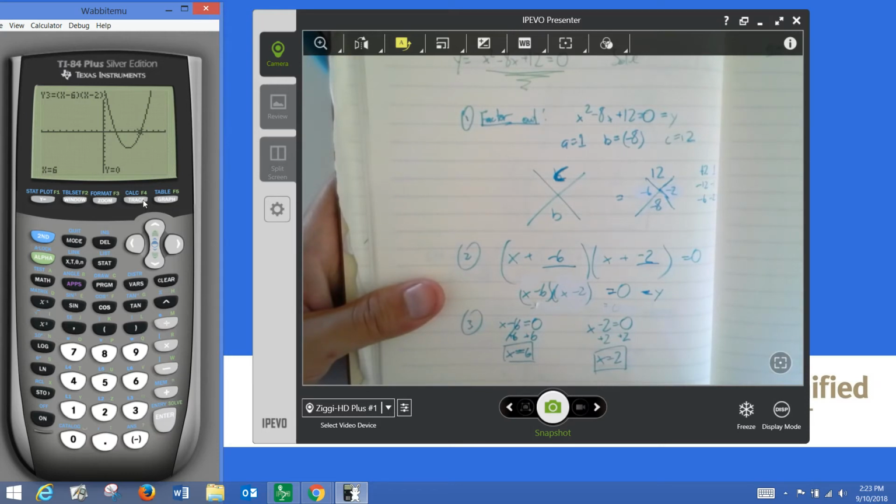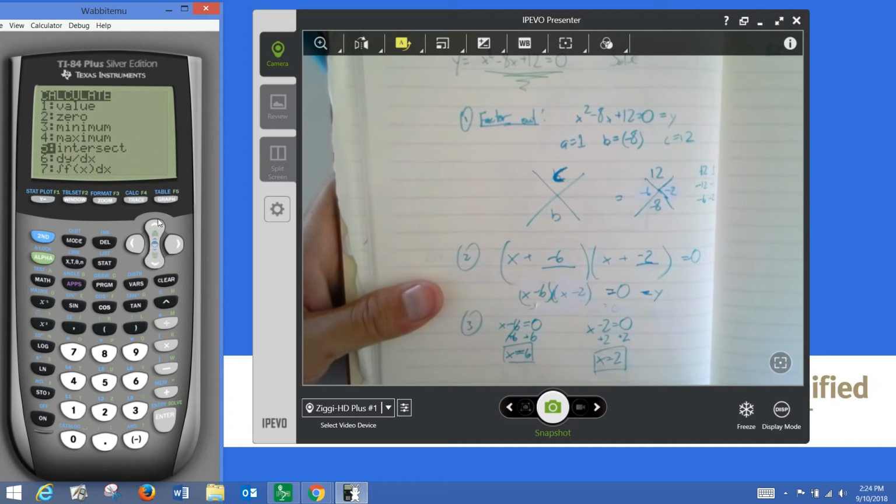One other cool feature is the trace button. If you press second, this blue button over here, and then trace, let's go to intersect. I think it's 0.